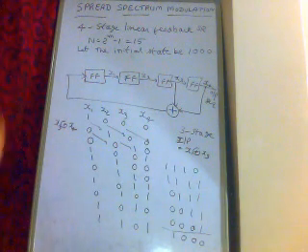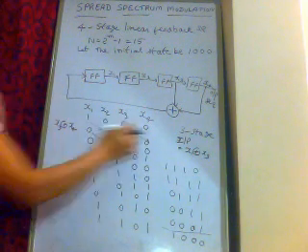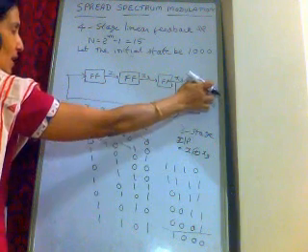Now how do we read the PN sequence? The output sequence is at x4.